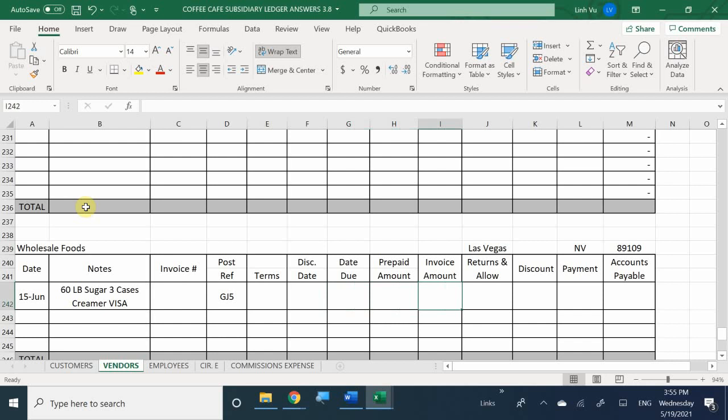No dates. Just the invoice amount, 70.59. And the payment for 70.59. Then insert your formula and it should show zero balance.